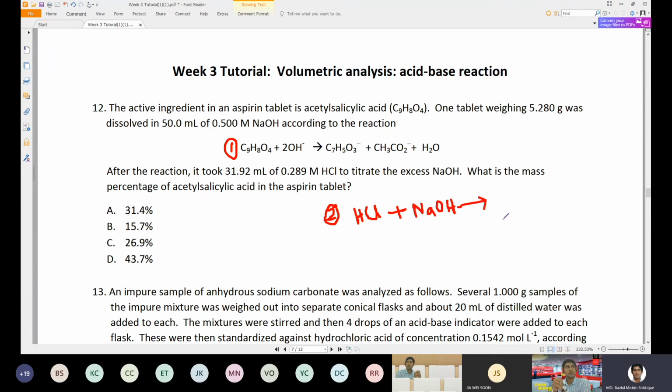So, do you have any question on this? Anyone has any question on this? What are we doing? Why are we doing two times the neutralization? Anyone has any question? No? Okay, so how many types of titration do we have? Do we know?